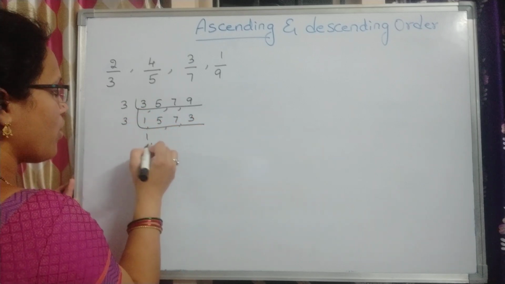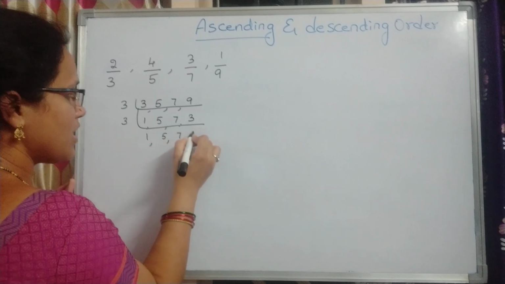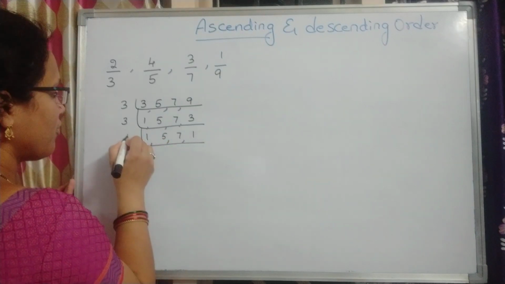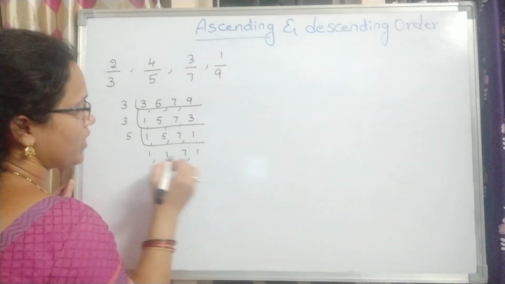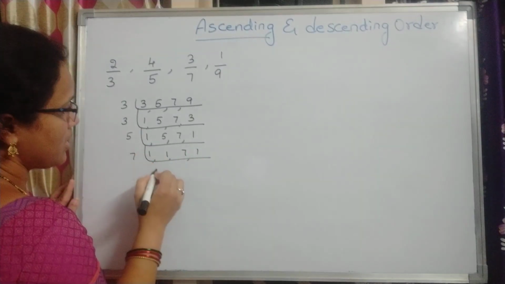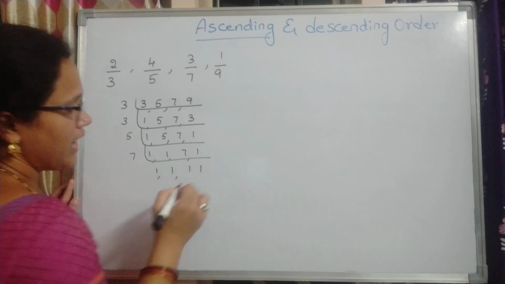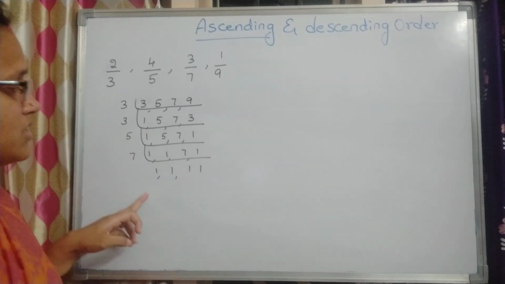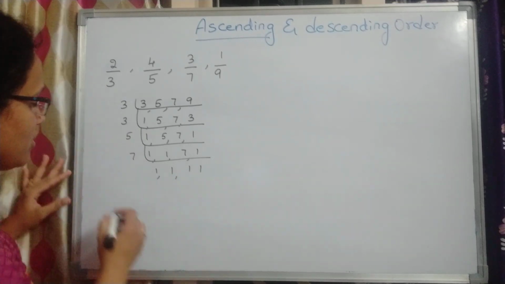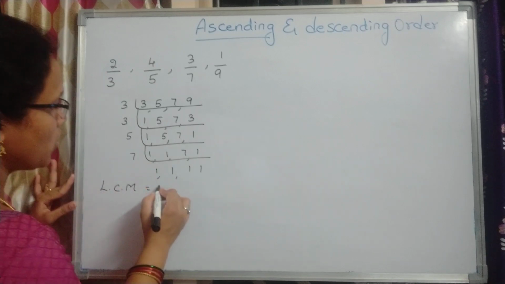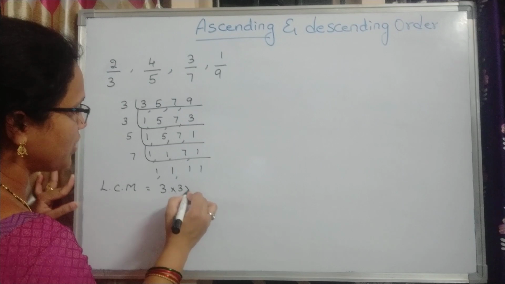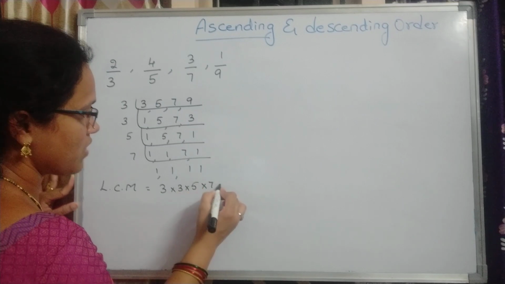Again 3, 1, 5, 7, 1, 5, and with the 5 table, 1, 1, 7, 1, 7, 1, 1 and 1. Now see, until you get ones you will keep doing it, and finally you will find the LCM of the given denominators, which is 3 times 3 times 5 times 7.